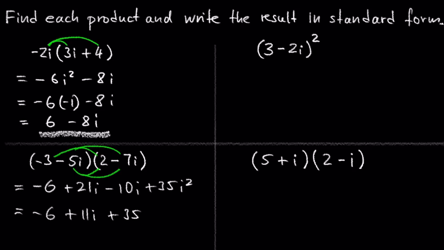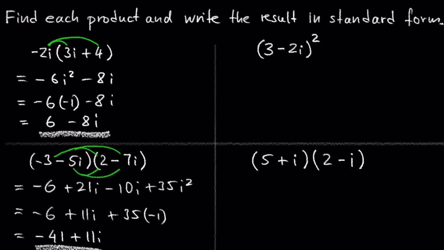And i squared is negative 1. Negative 6 minus 35 is negative 41. So we get negative 41 plus 11i, and we are done with this problem.